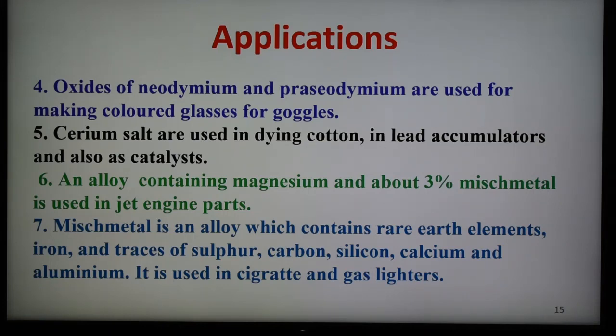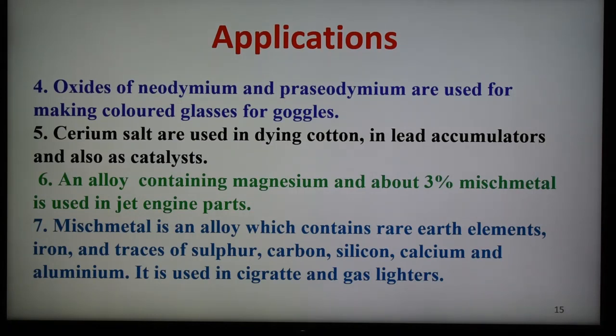Some of the elements form alloys containing magnesium, and about 3% mixed metal is used in jet engine parts. Mixed metal is an alloy which contains rare earth elements, iron and traces of sulfur, carbon, silicon, calcium and aluminium. This alloy is also used in cigarette and gas lighters. So all these are the applications of these elements.